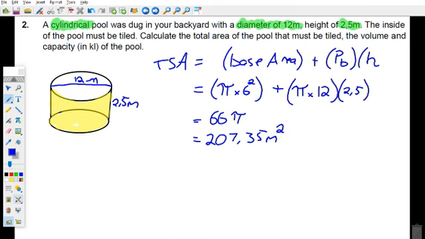You got 144 pi. 154. Did you maybe times instead of plus? Are you squaring your pi, maybe, instead of squaring the radius?